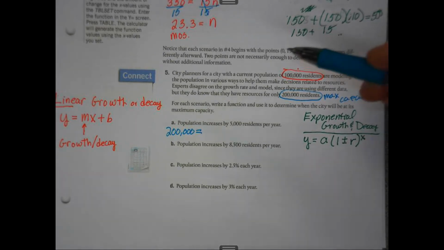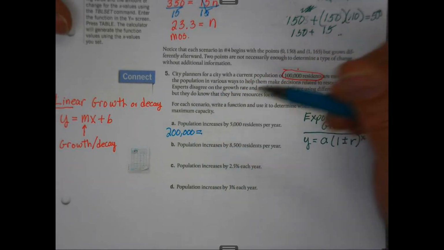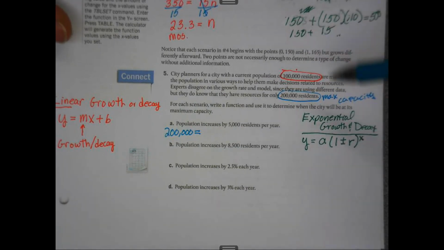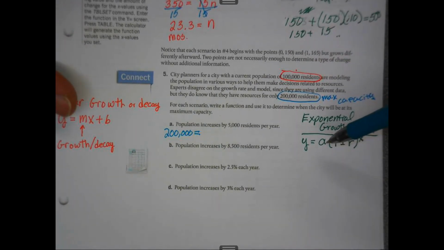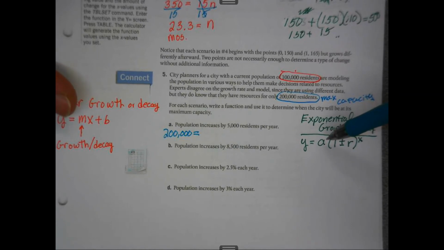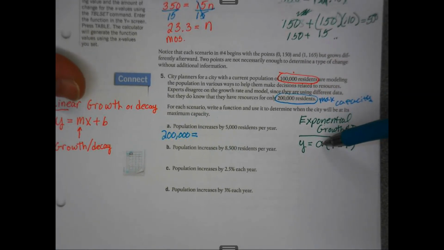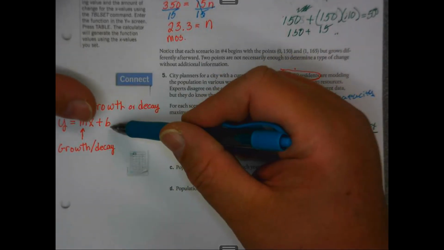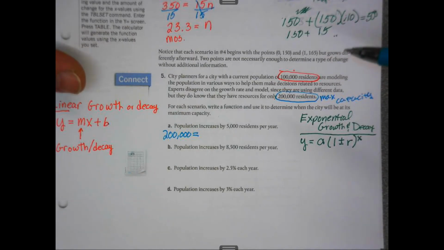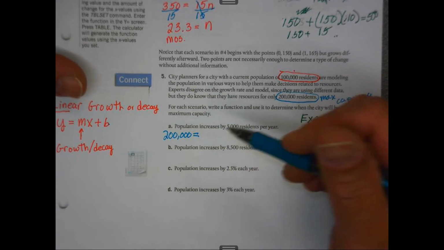Now, our initial residence amount is our A in the exponential model and is our B in the linear model. So let's see.